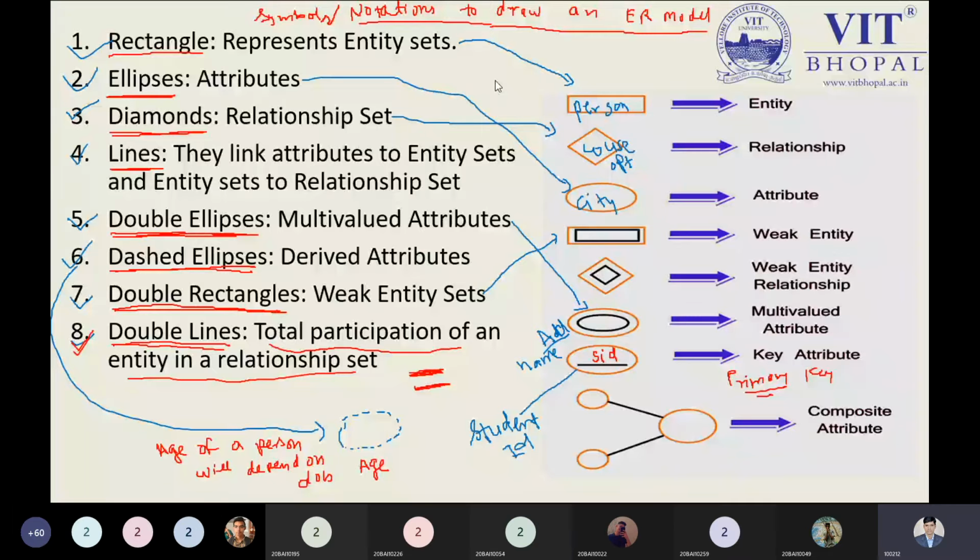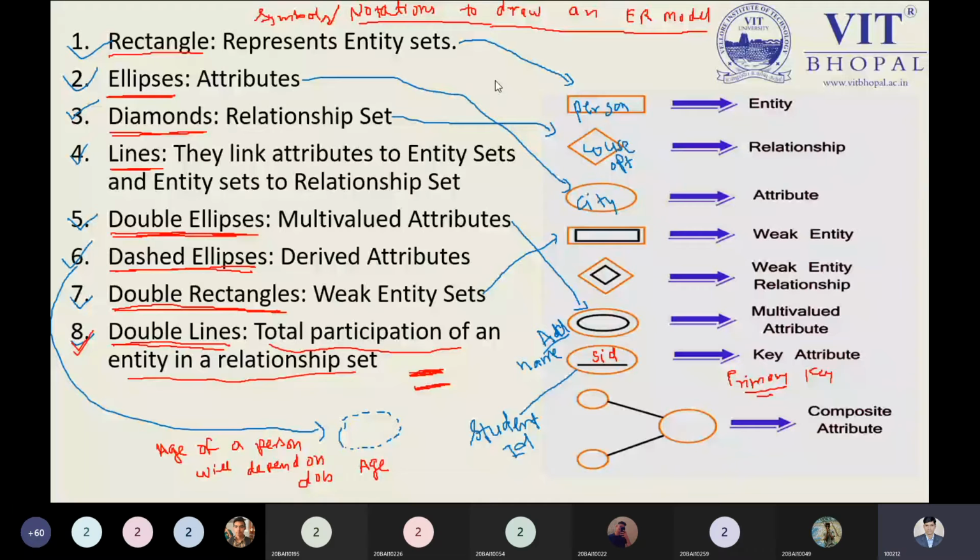Now first, second, third, fourth, fifth, sixth, and seventh, their components are clear to all. Now come to the next point, and look at the diagram as well. Unlike the weak entity, if we make a relationship with the help of a weak entity set, we can also have a weak relationship, and that can be identified by the double diamond symbol.